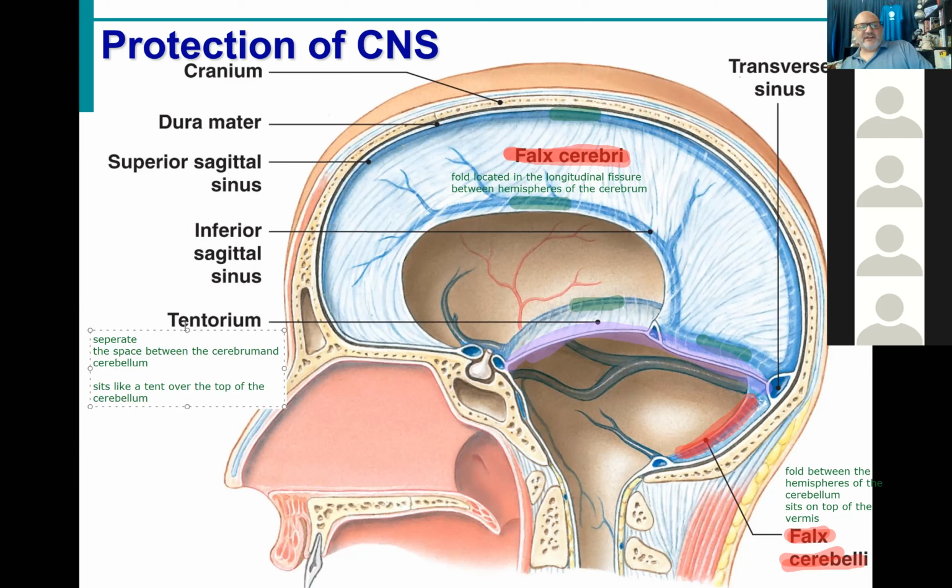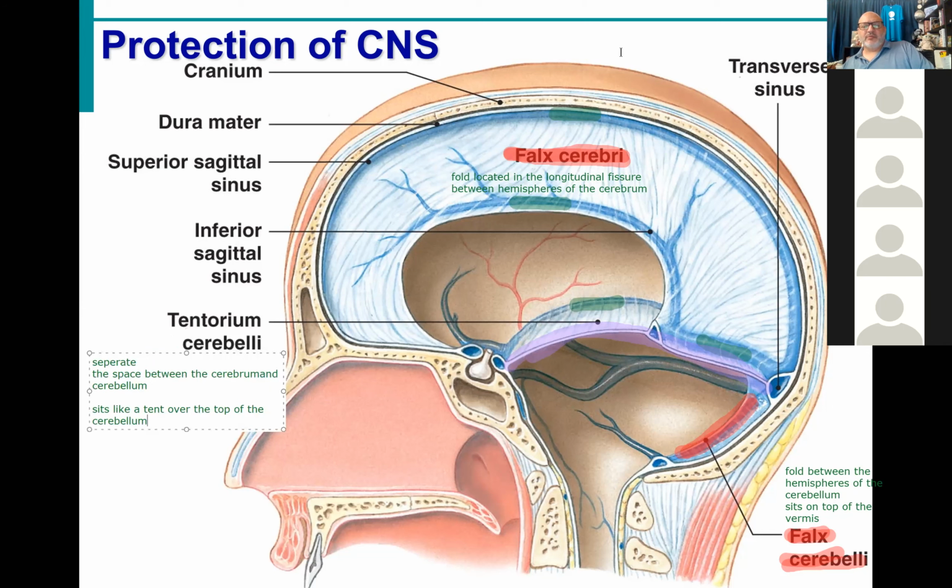Which is where it gets its name. Its name is the tentorium cerebelli. So 3 big folds of the dura mater that help to stabilize the cerebrum and the cerebellum in space so that every time you move your head, your brain isn't rattling around inside of your skull.